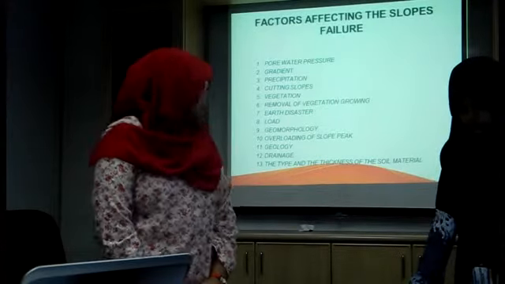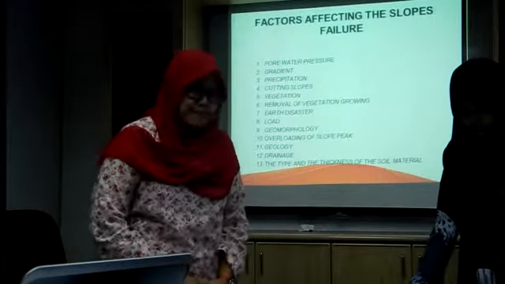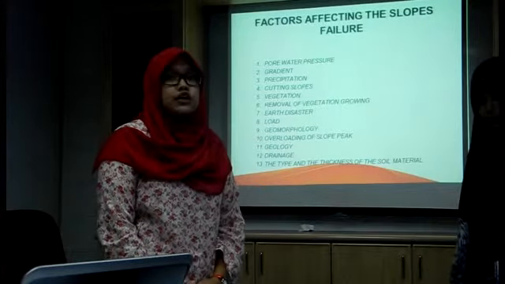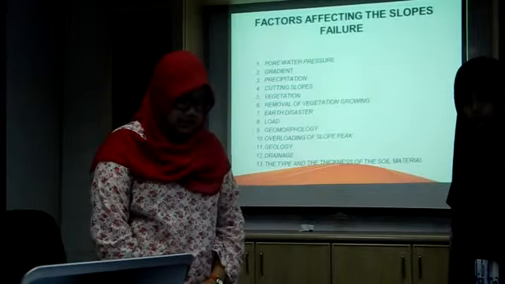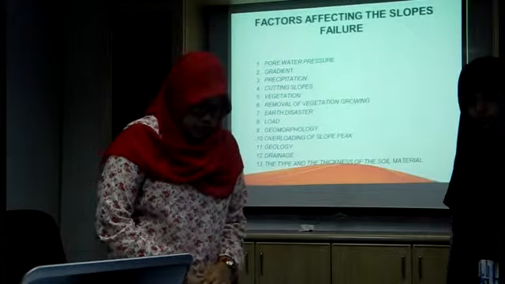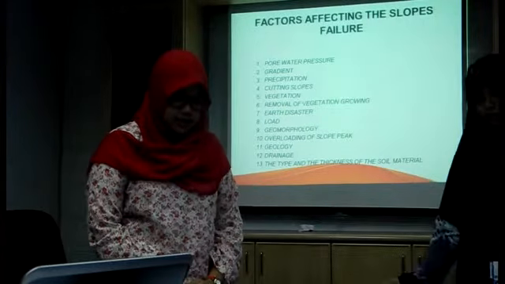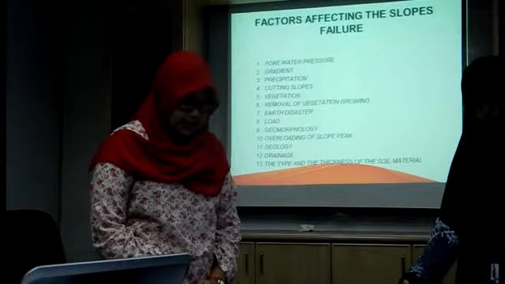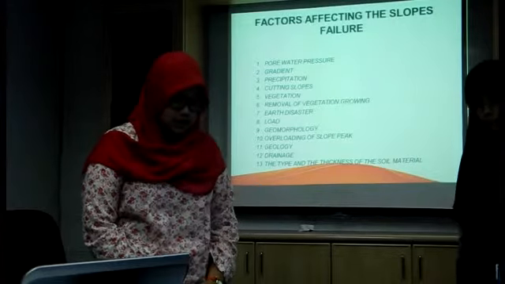For precipitation, it plays a significant role in the initiation of landslides. Excess water in the system affects the stability in two directions. First, the increase in weight of the water can increase the load on the material in the system. Second, the pore pressure increases with decreasing strength of the material.